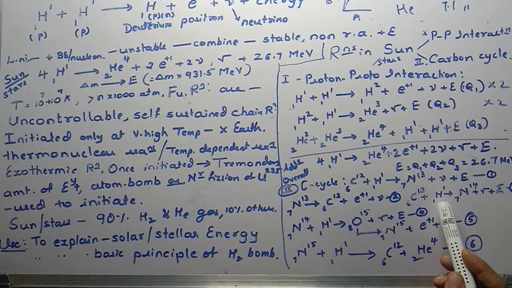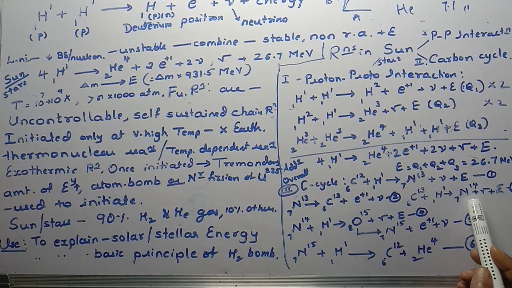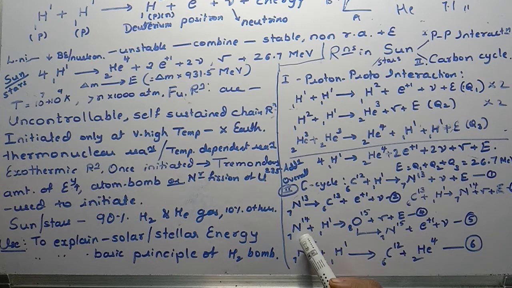That carbon 13 is very active and combines with a hydrogen atom, giving nitrogen 14, and this nitrogen 14 combines with a proton, giving oxygen 15, which is radioactive and once again disintegrates, giving nitrogen 15. And this nitrogen 15 combines with the fourth hydrogen atom, giving carbon 12 and a helium atom.